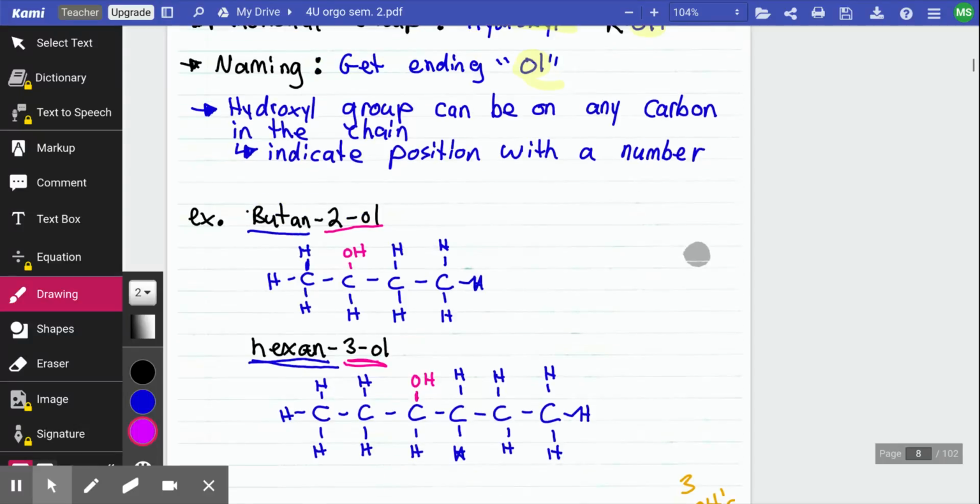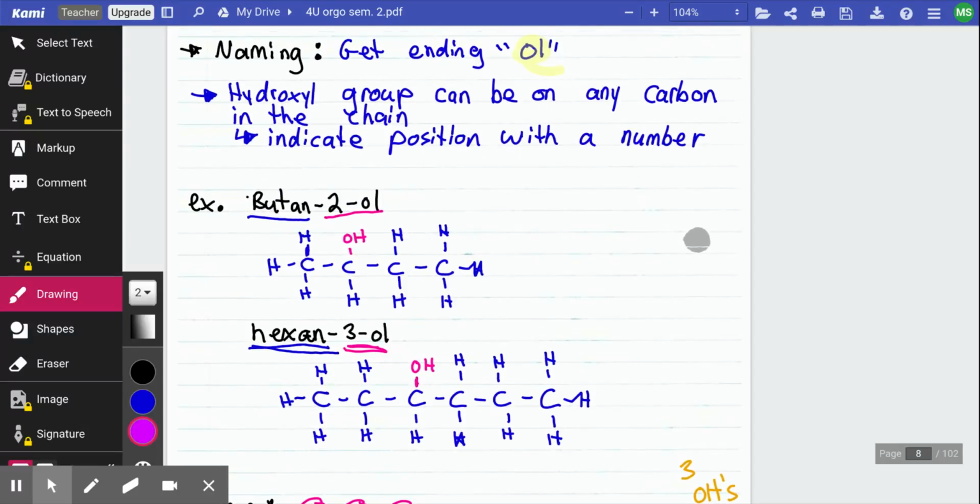So I have a couple examples right here for you to look at. These are two really simple examples. We indicate position of the hydroxyl group, just like we indicated position of the double bond. So with the number, and then the ol here. So this is a butane 2-ol.